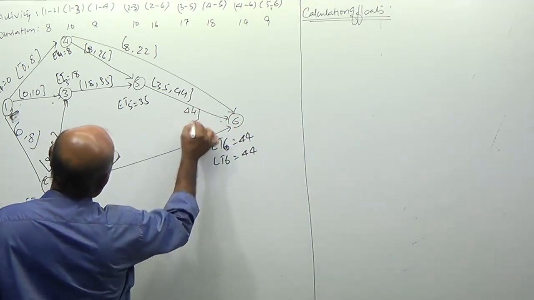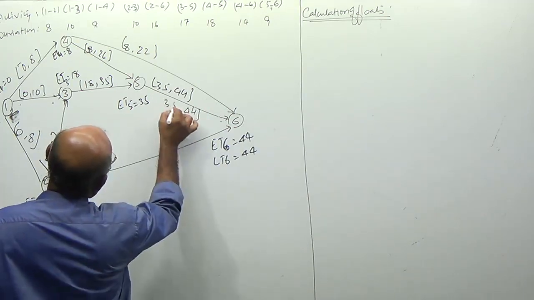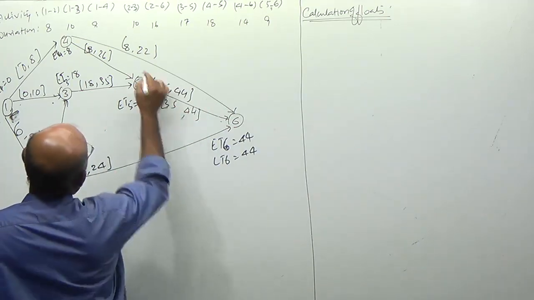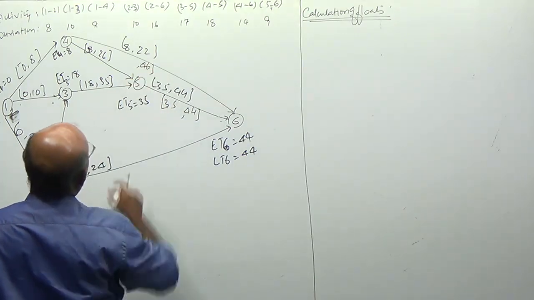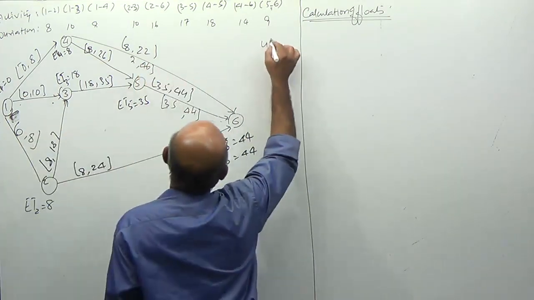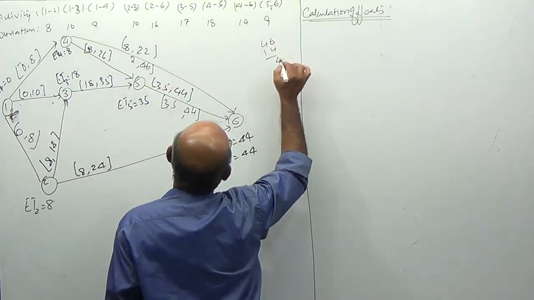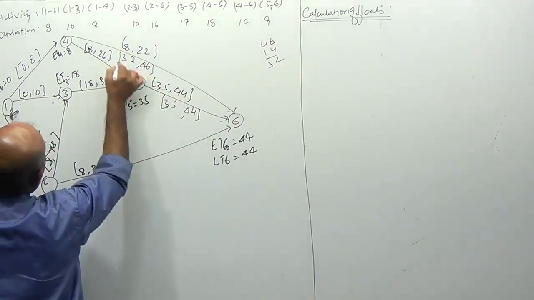So, 44 minus 9, since 5-6 will take 9 days, is 35. 4-6 will take 14 days: 44 minus 14, 30... 32.